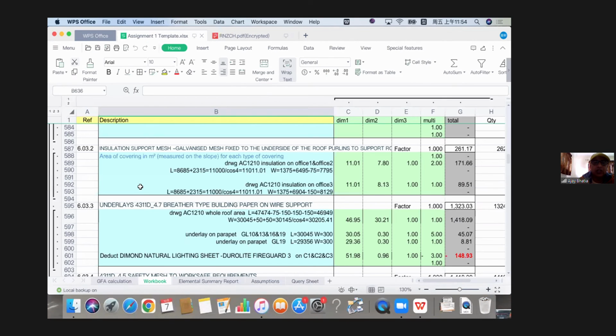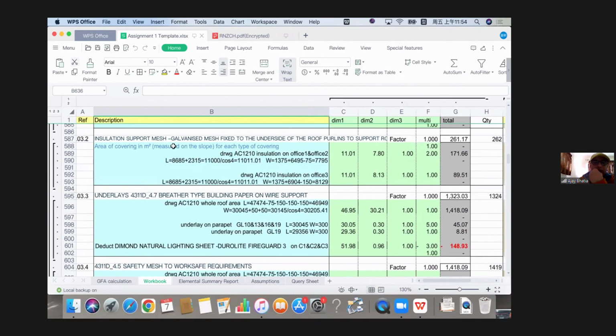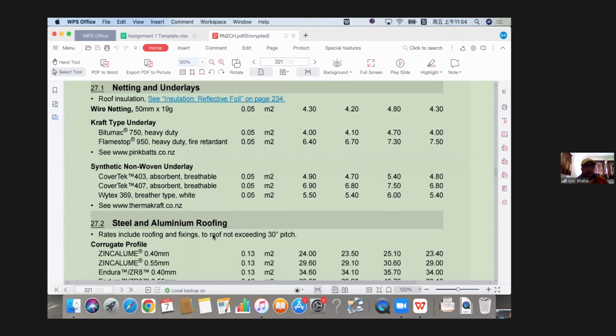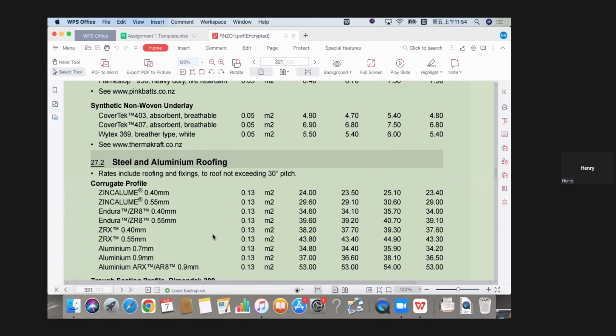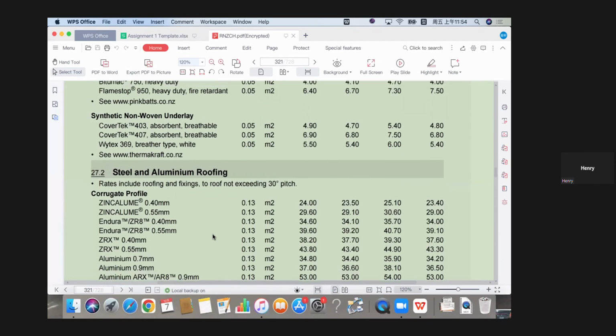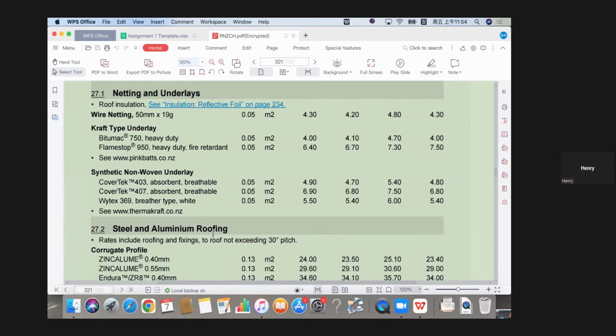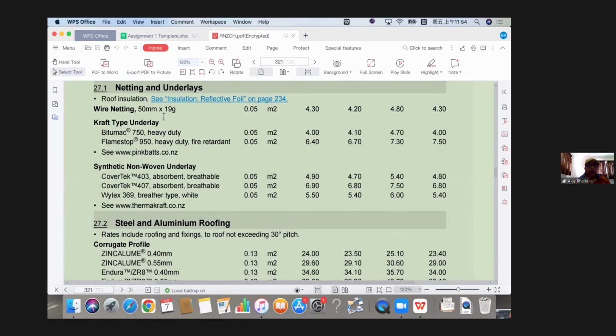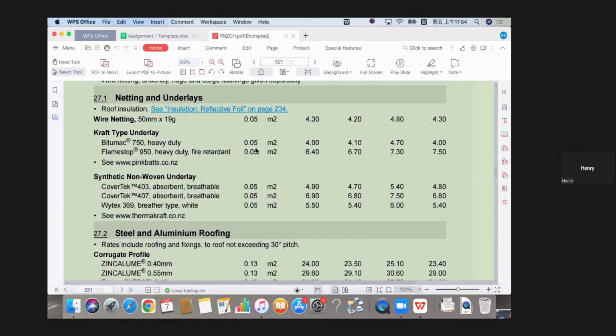So you've got your breather type, white. You've got the rate over there. All rates are given to you. Can you find YTEX 369? In your synthetic non-woven underlay, what is the third one?